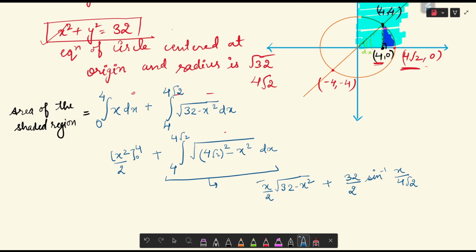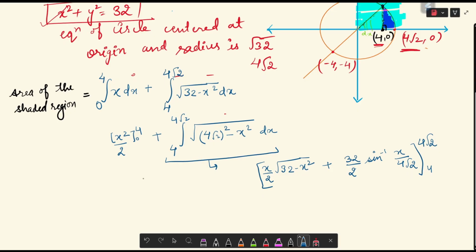Okay, and our limit is from 4 to 4 root 2. Okay, if we calculate this part, what we will get?